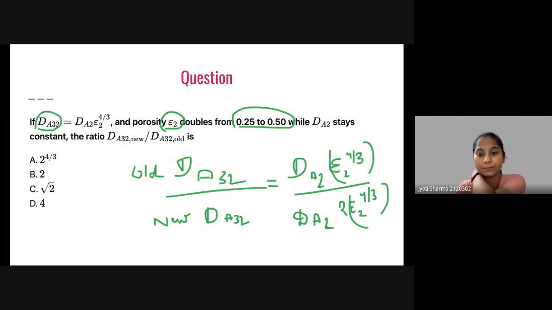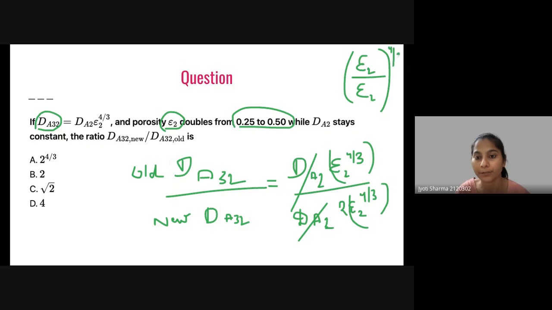So now you need to tell what will be the ratio. So this will be cancelled out. This will be cancelled out. So what we can say is that we have E2 old, E2 new, 4 by 3, right?